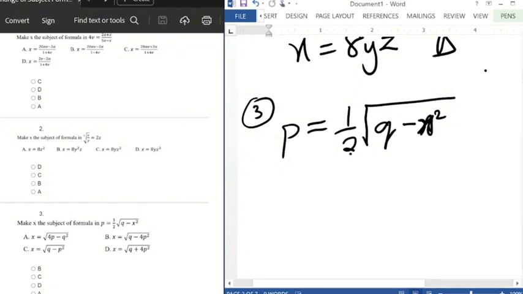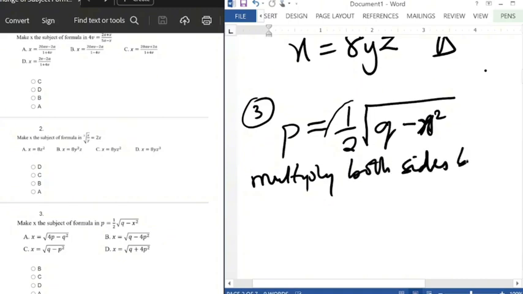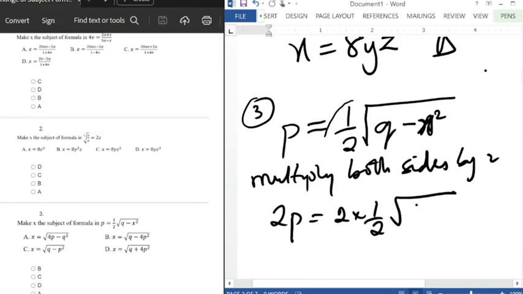So what we have here, we have 1 over 2 multiplying the square root, right? So the first thing to do is to remove the 1 over 2. So that means we're going to multiply both sides by 2. So this will be 2p equals 2 times 1 all over 2, square root q minus x squared.